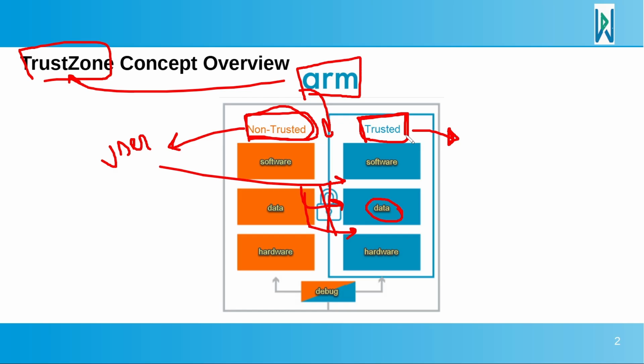Now, to ensure this isolation, the trusted software entity will run in secure domain, and the non-trusted one will be executed in non-secure domain.